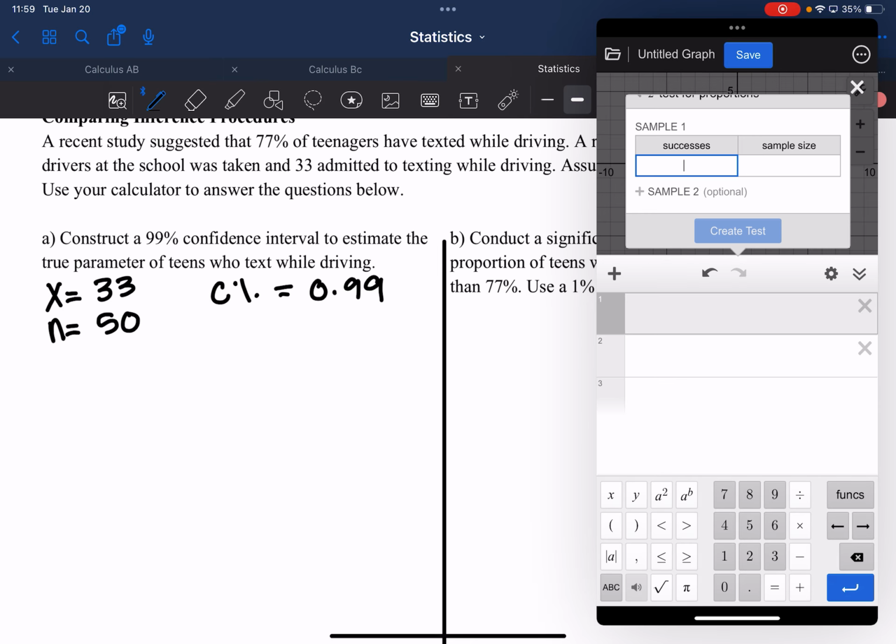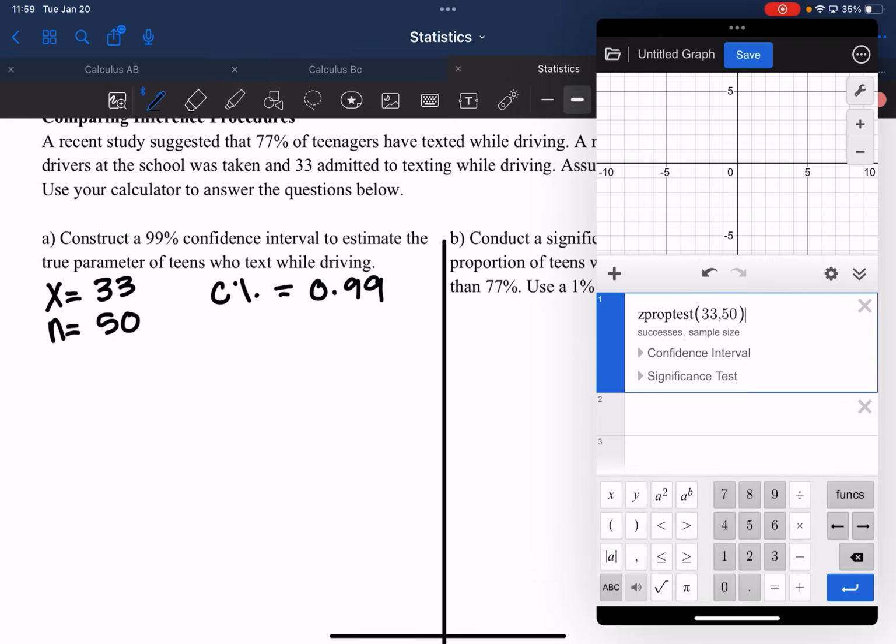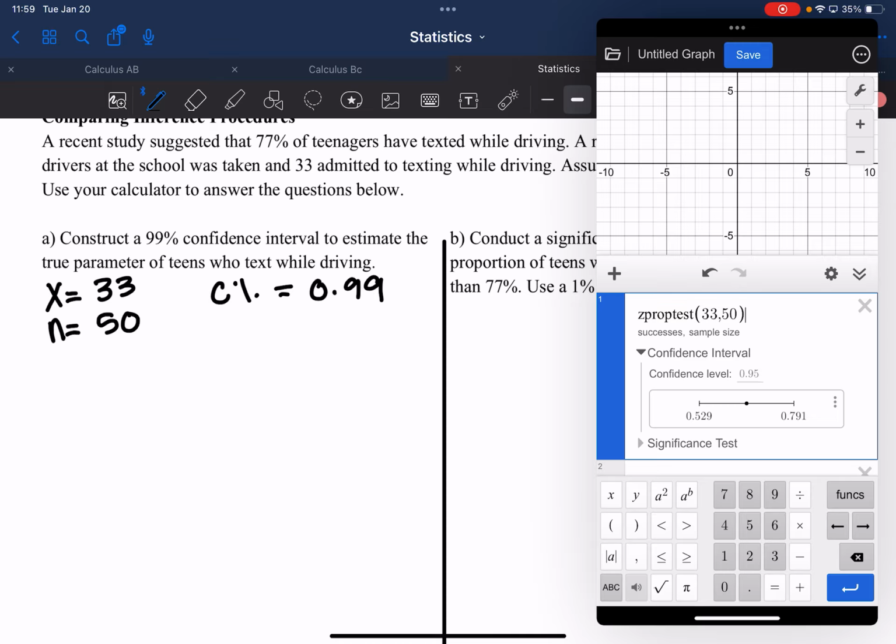We type in our successes and our sample size, 33 and 50. I hit create tests, and then I'm looking at a confidence interval, so I make sure I click on that drop down. For confidence level, I put 0.99. When I do this, I get the interval 0.487, 0.833. Everyone should be writing on the notes, focused on the notes.